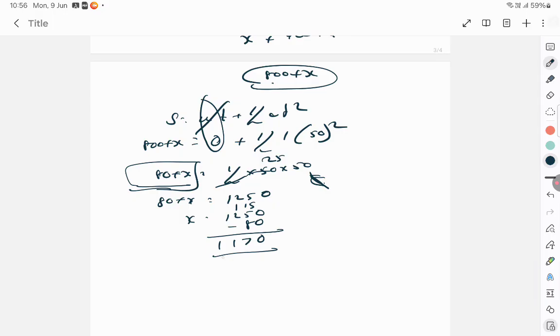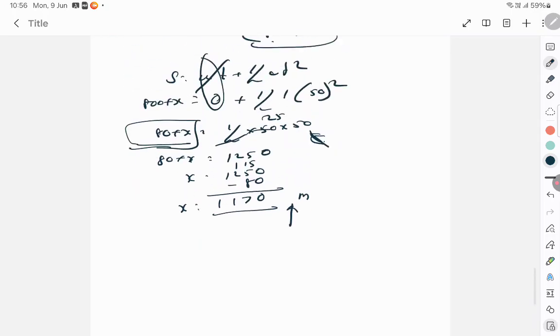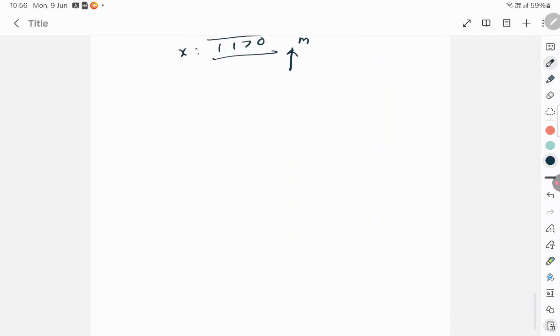So my x will be only 1170 meters, whereas Aurora shows it differently. I would like you all to check what could be wrong, whether Aurora has made a mistake or something is wrong with the way we have done. We have definitely taken it as 800 plus x. The original distance is only x. So just think about this sum and identify. If there is any mistake, you can come back to me, but this is the way I would think of doing this sum.